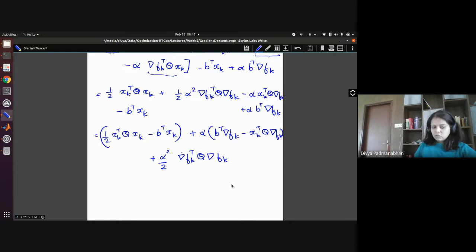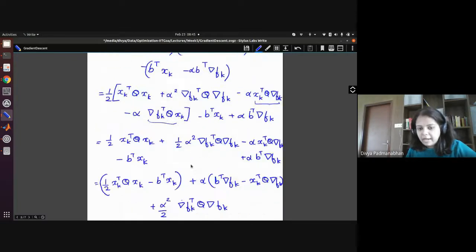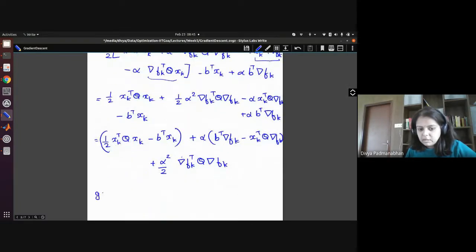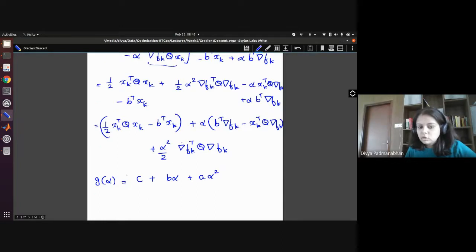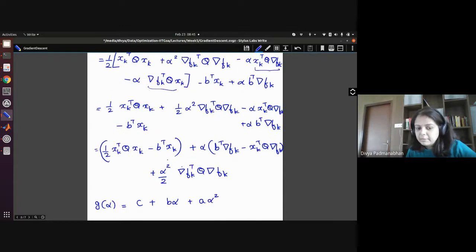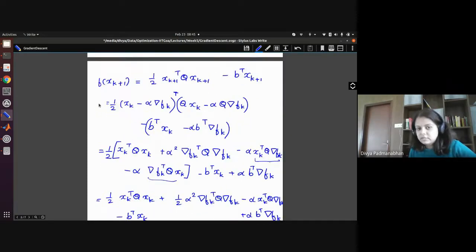Now if I view this as a function of alpha, it will be of this form: g(alpha) is some C plus B alpha plus A alpha squared. So this is a quadratic in alpha. I'm writing it as a function of alpha because this is the variable I want to find right now. Everything else is fixed for me.